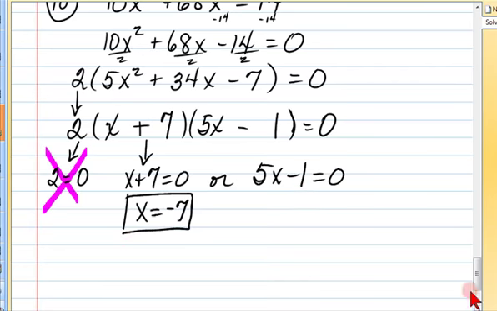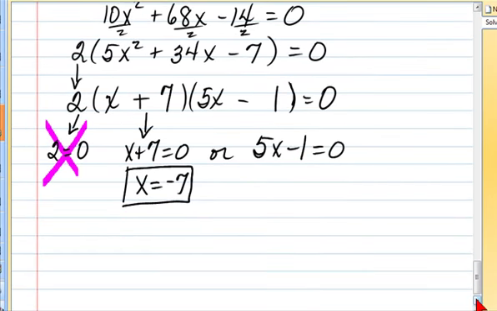Now, this is the problem that I was actually referring to when you asked me earlier, can I just skip the step where I set it equal to 0? Well, it might be a little more challenging in this one, because to solve this equation, I need to do 2 steps. I need to add 1. That gives me 5x is 1. Then I need to divide by 5.